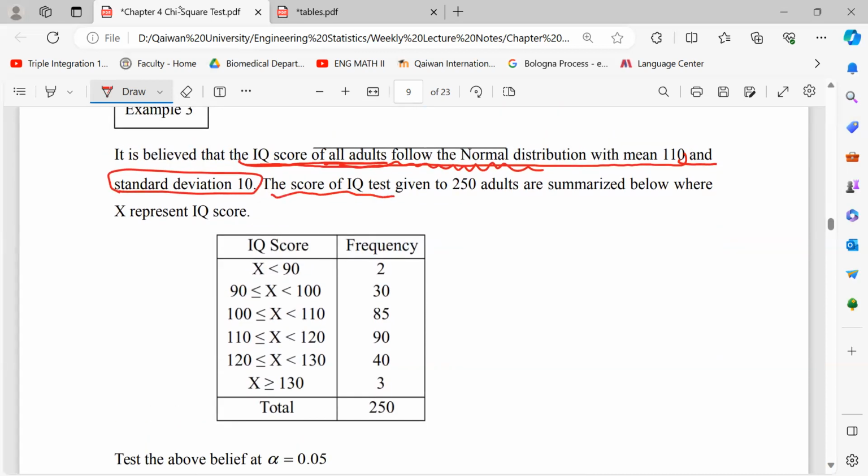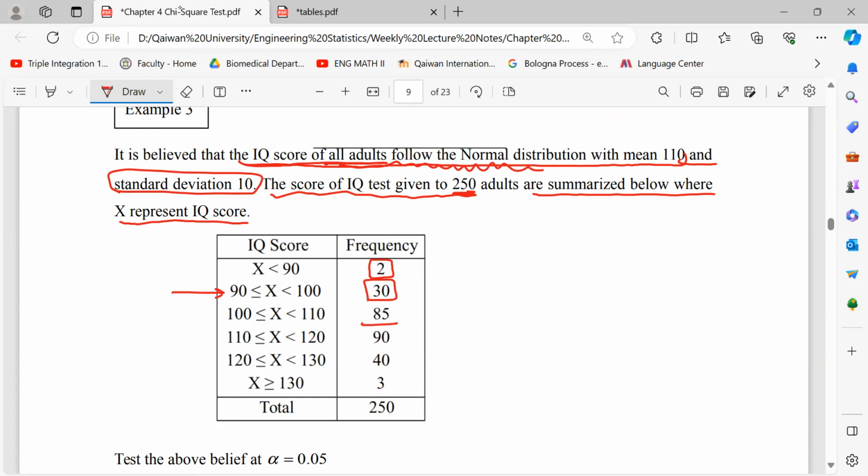The scores of an IQ test given to 250 adults are summarized below, where X represents the IQ score. For those who got less than 90 in the IQ test, we have only 2 adults. For those who got IQ scores from 90 to 100, we have 30 adults.